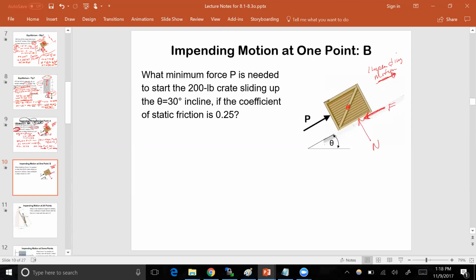It's 200 pounds. You've got that W of 200 pounds, and that, of course, resolves into a WY and a WX. And our axes are, again, tilted like so.